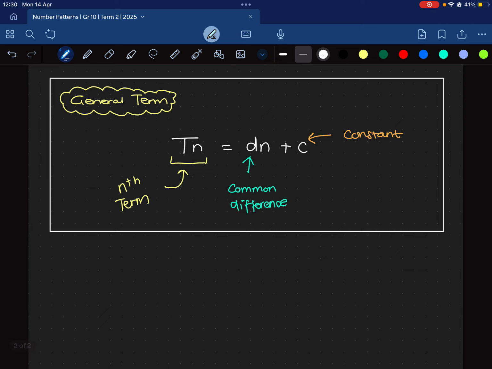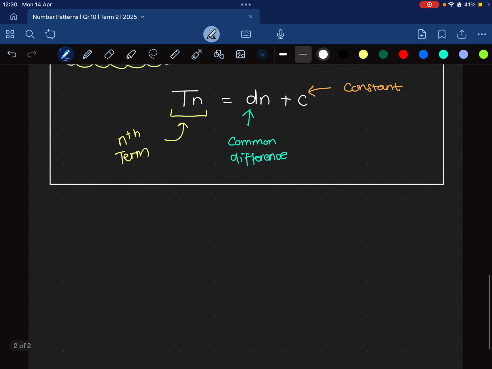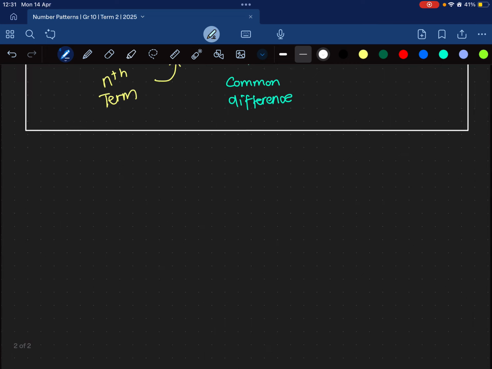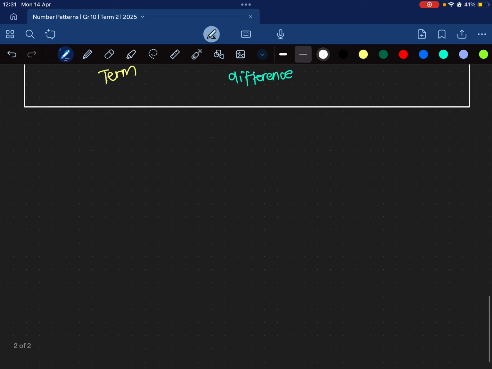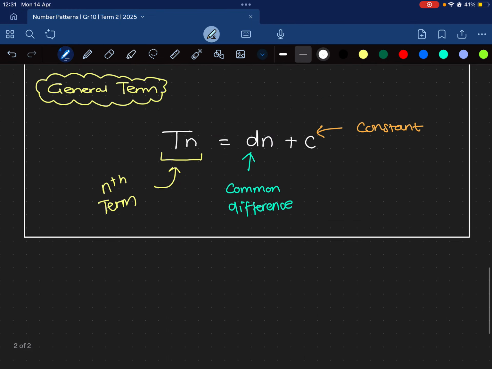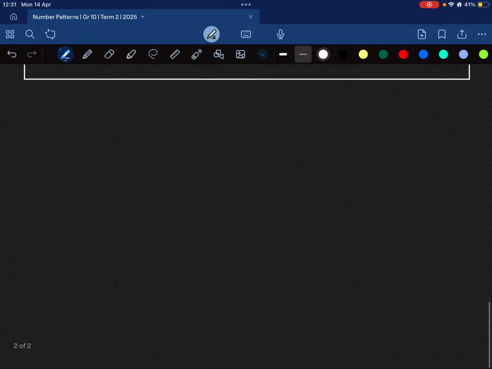Okay, so let's consider any general equation. So according to this, Tn is equal to Dn plus C, let's write that.